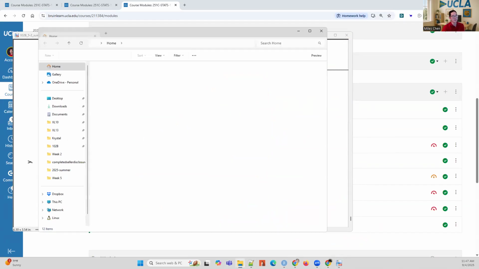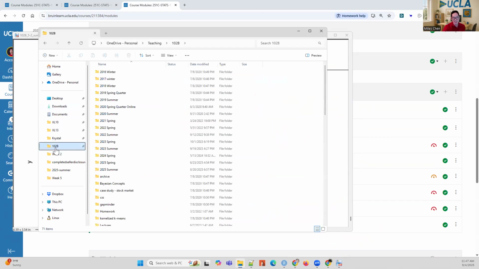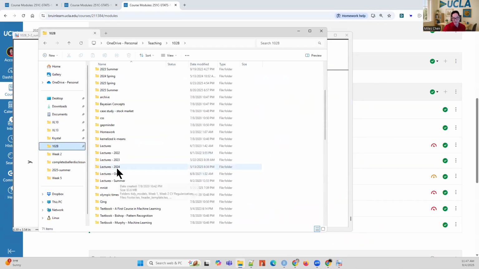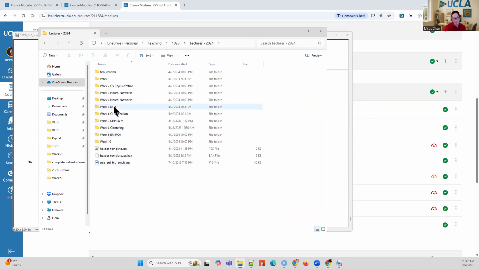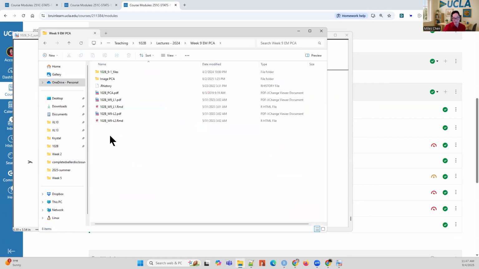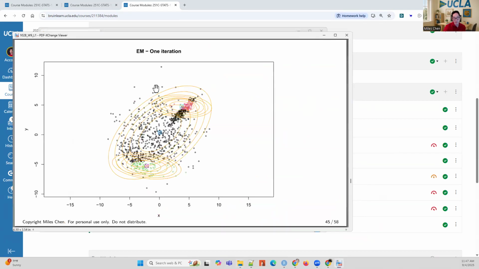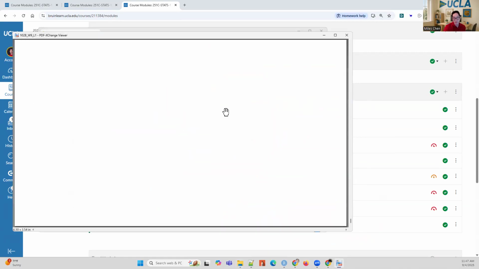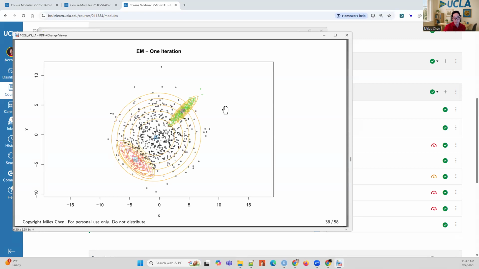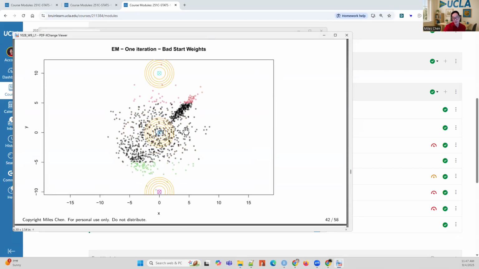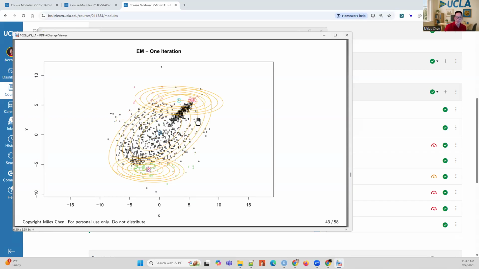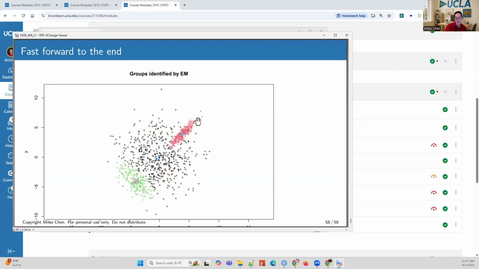I might have had it in a different slide deck. Okay, here I guess I started with different starting locations. And sliding through this one, eventually it gets it right.